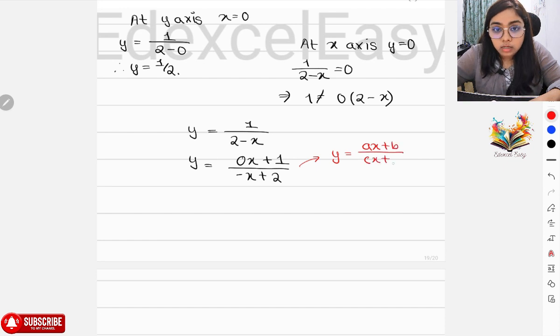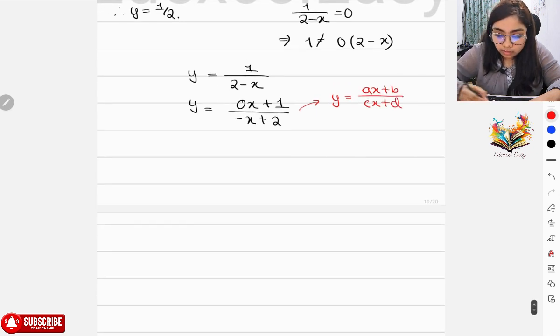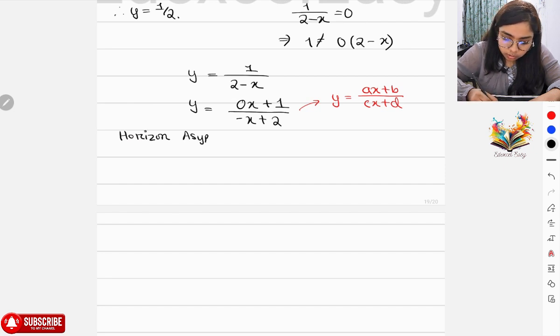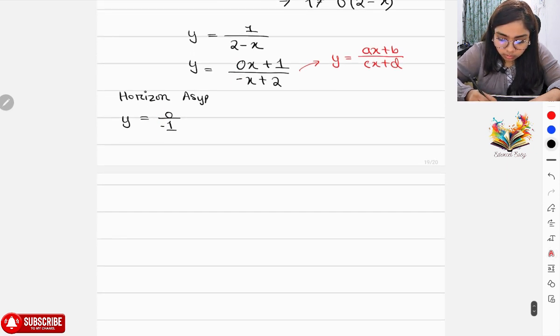Now this is exactly in the form y = (ax + b) over (cx + d). From this, let's start with the horizontal asymptote. The horizontal asymptote is going to be y = a over c. This is a, this is c, so 0 divided by minus 1 is eventually going to be 0.